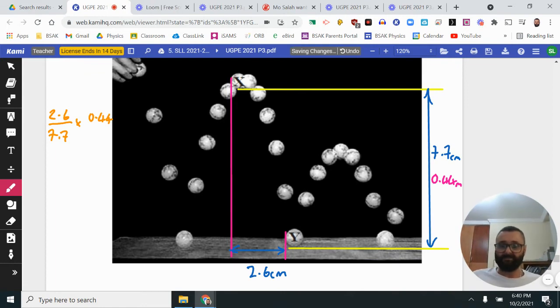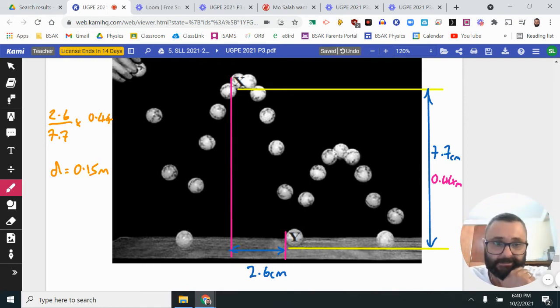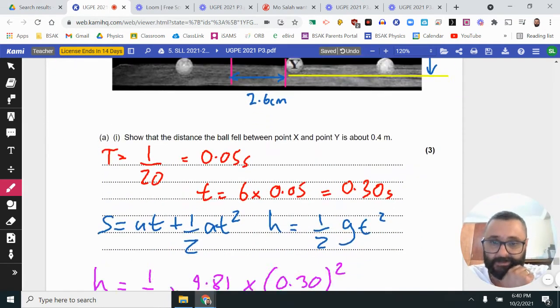That should give us the true horizontal distance, which is 0.15 meters. So again, you are nowhere without skillful use of a 30 centimeter ruler in this question. Really is that simple.